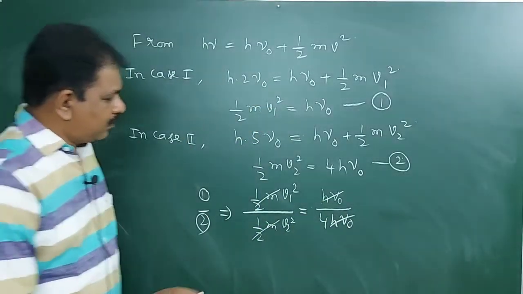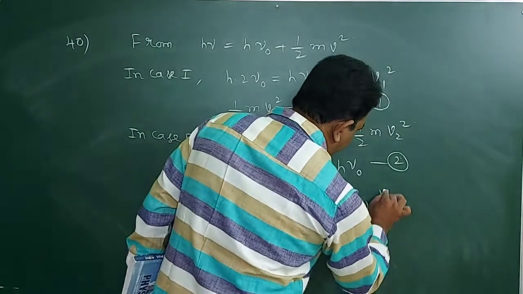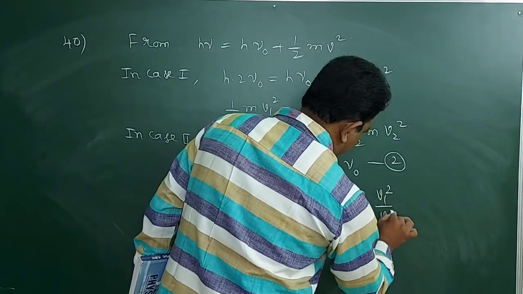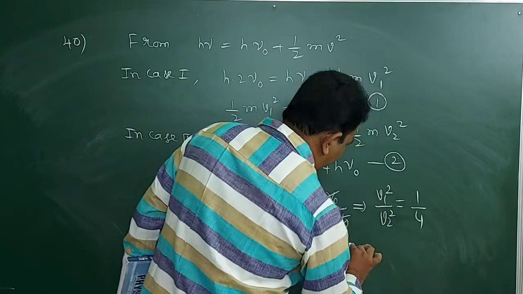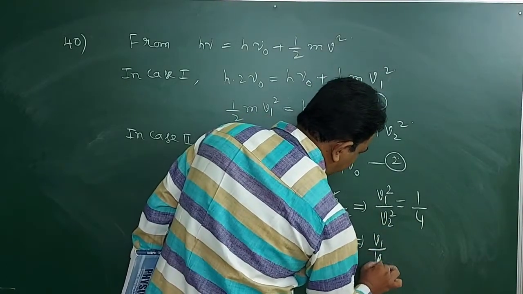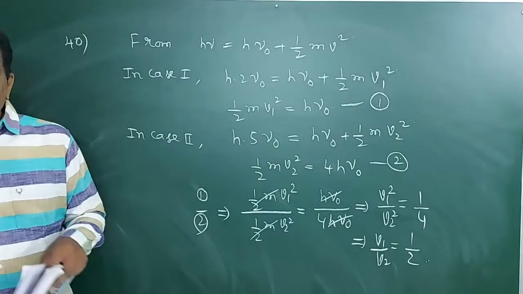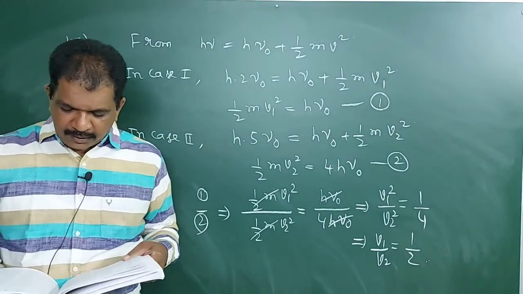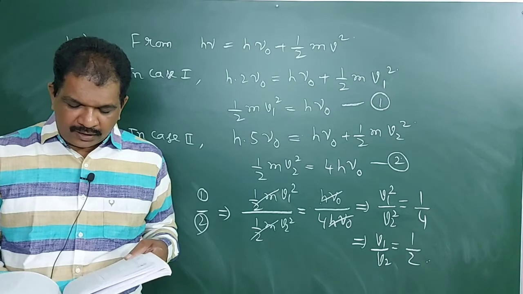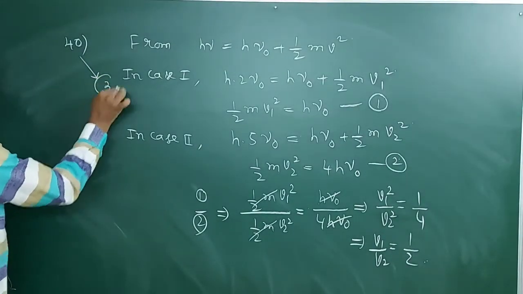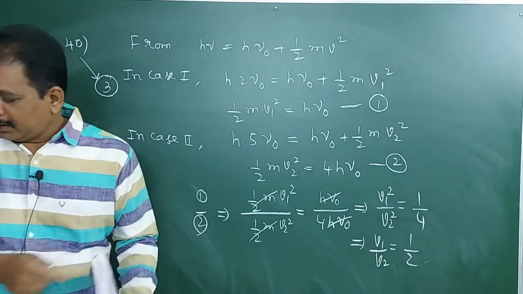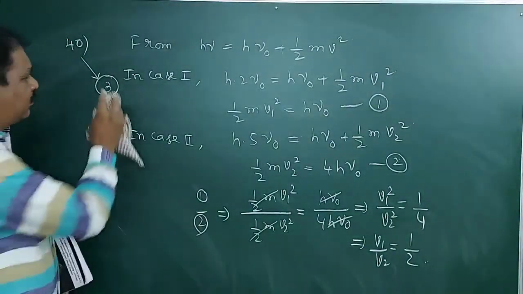So V1 square by V2 square is equal to 1 by 4, and V1 by V2 is equal to 1 by 2. So 40, it will be the third option. Clear? Next.